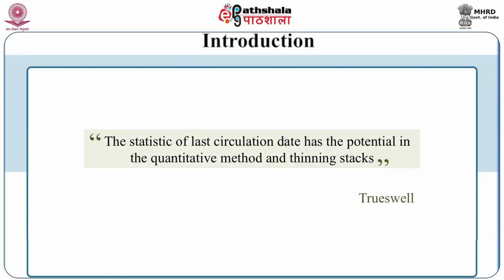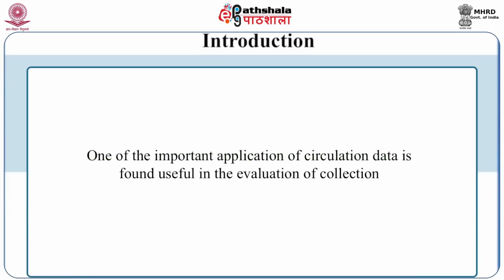As stated by Truswell, the statistic of last circulation date has the potential in the quantitative method and thinning stacks. One of the important applications of circulation data is found useful in the evaluation of collection.